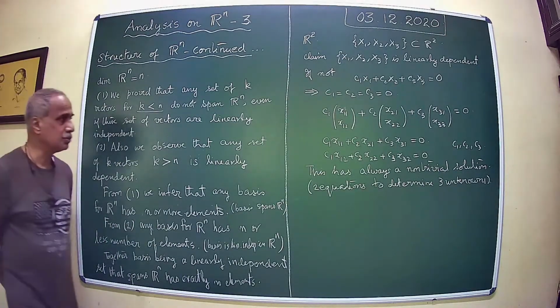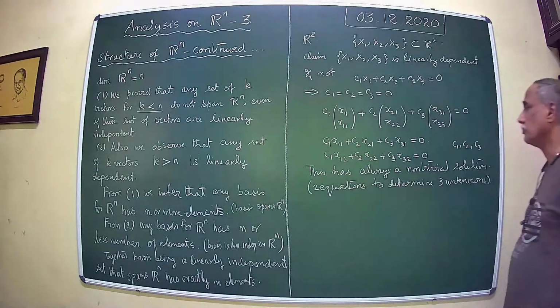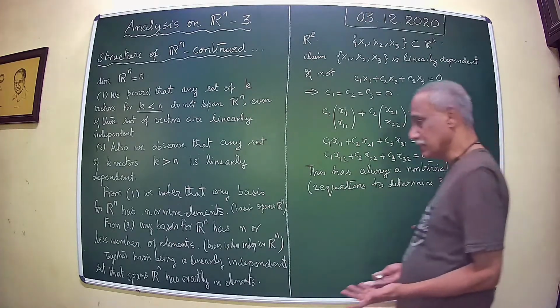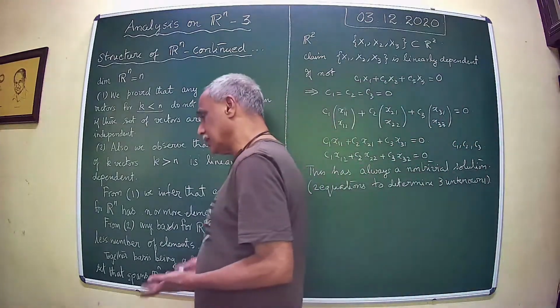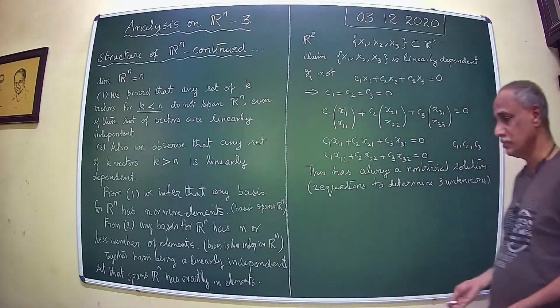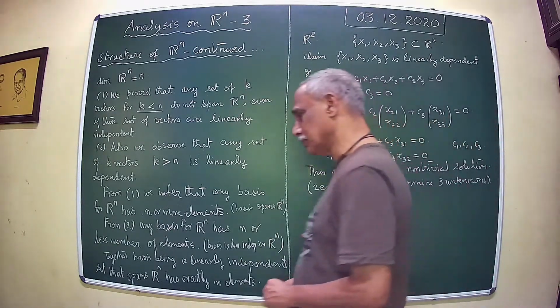Now if you choose a non-zero vector x, there is just one vector. Then cx equal to 0 forces c equal to 0, so as long as it's a non-zero vector, it's linearly independent. But two vectors may be linearly independent, that's also possible.